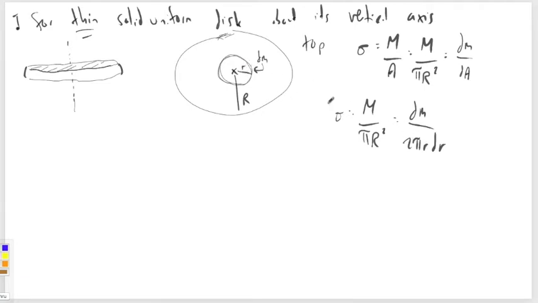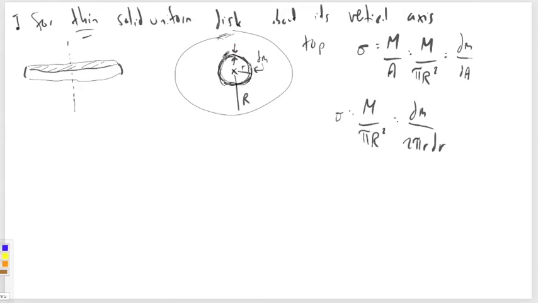Another way of thinking about this is just to look at the drawing. This ring right here I can treat like a little hoop whose circumference is going to be 2 pi r and whose width is dr, some little tiny piece of that radius.